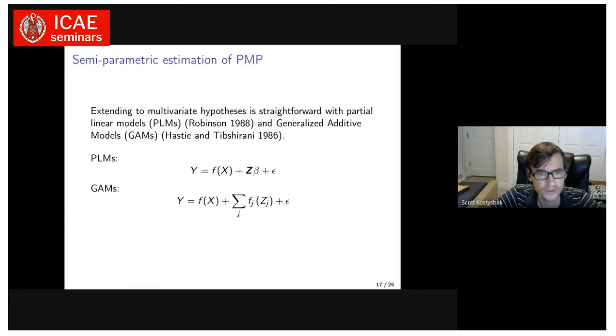And we also allow for generalized additive models, which are a great semi-parametric tool. They're feasible because it's additive. That's the key part that makes them not non-parametric, and it allows us to not have to specify the functional forms of the f_j. So both of those, we can embed this framework of PMP into very practical estimation methods.